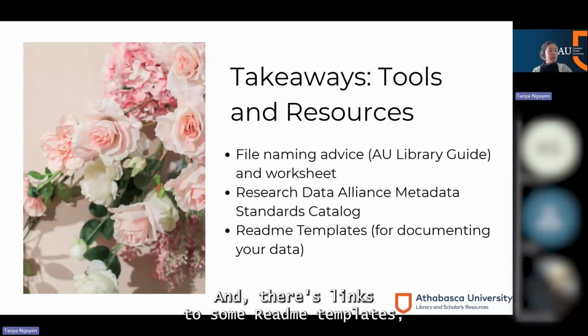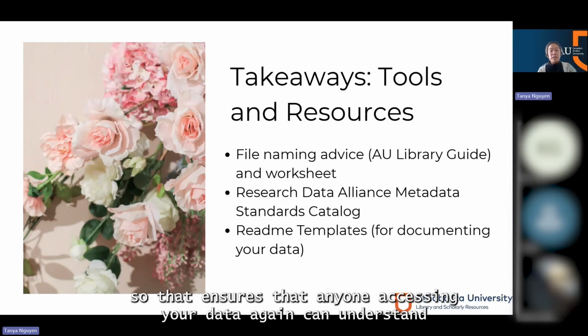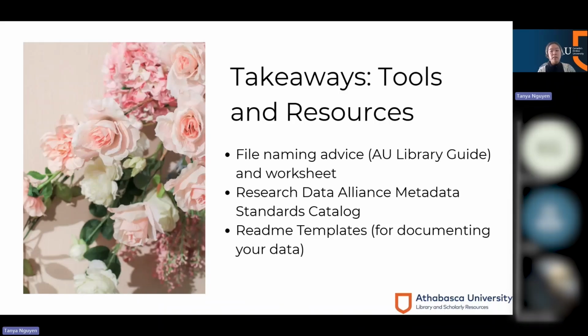And there are links to some README templates, so that anyone accessing your data can understand quickly what your research is about. Consider using these templates to maintain clarity and transparency in your documentation.